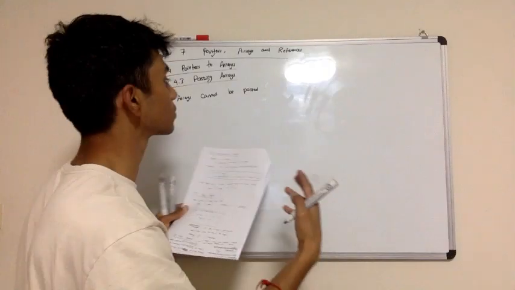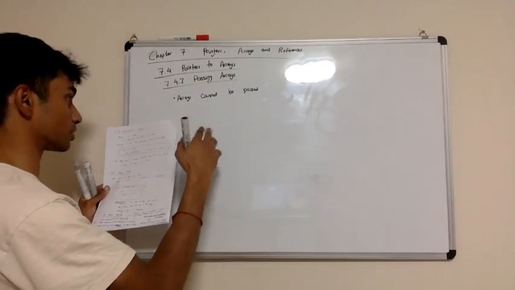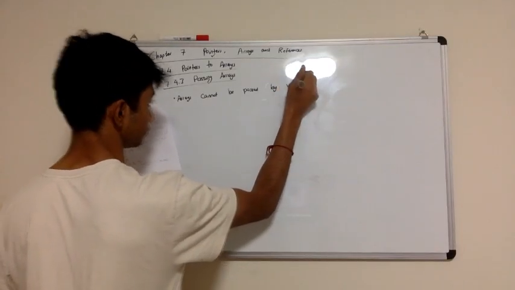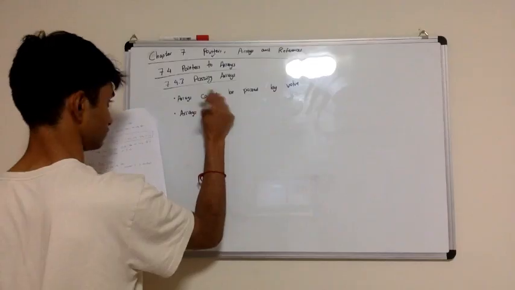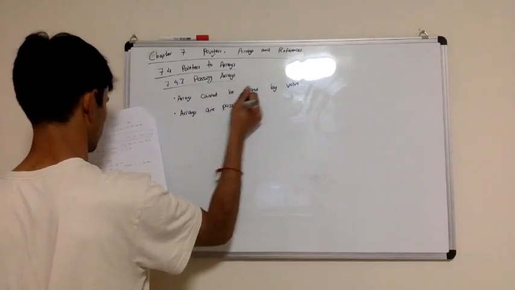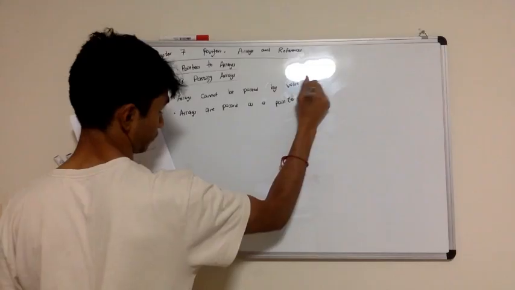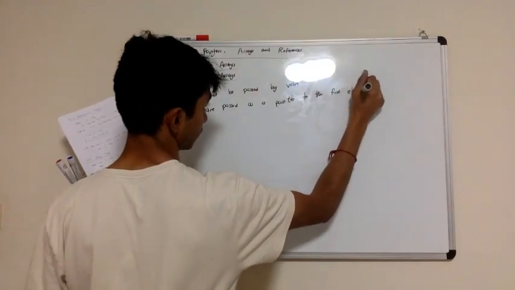Talking about parsing arrays, I mean parsing it as information into a function. I'll write up an example in a sec. Arrays cannot be parsed by value. Arrays are instead parsed as a pointer to the first element.